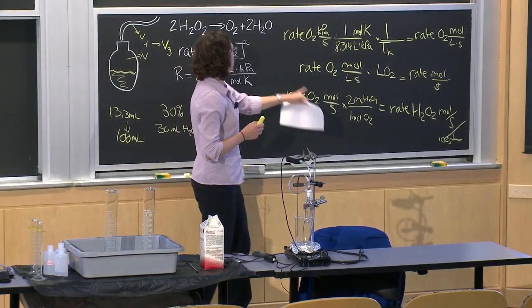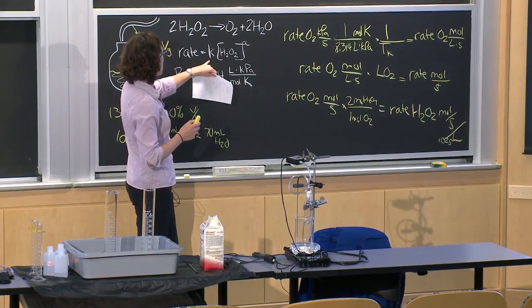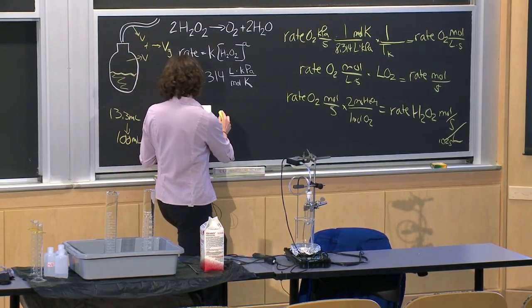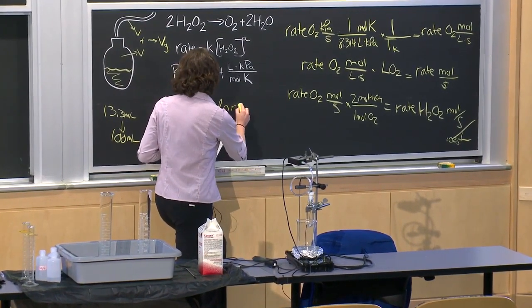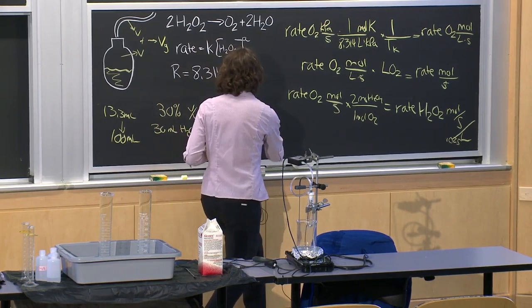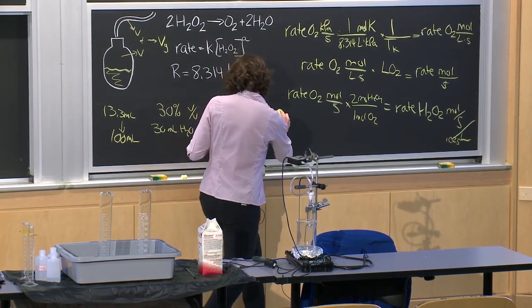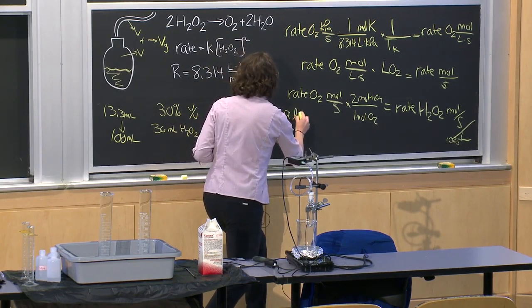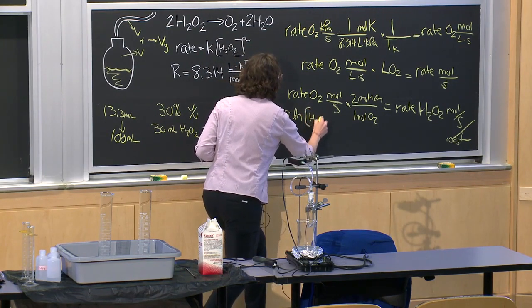Now, this still doesn't get us to A, but we can rearrange this equation by taking the natural log of both sides. So if you have the natural log of the rate equals the natural log of K plus, then the A comes down, A times the natural log of your hydrogen peroxide concentration.